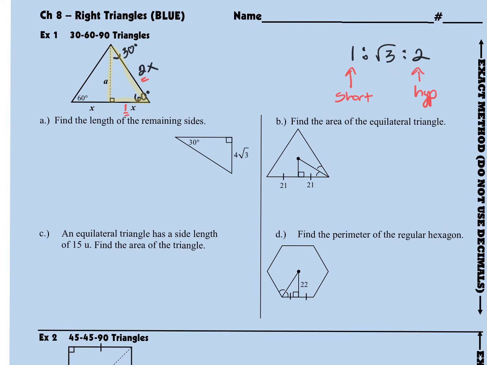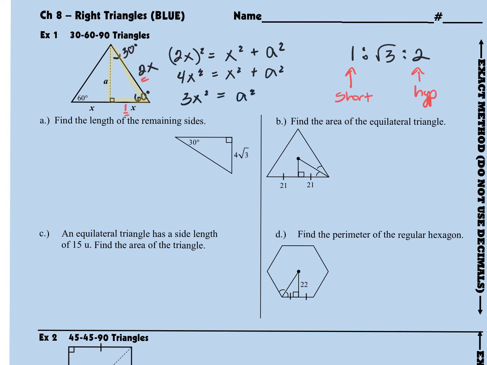Our last thing that we're going to look at is this radical 3. Where is this radical 3 coming from? We're going to look again at this little triangle and do a quick Pythagorean theorem. We're going to take our hypotenuse and square it, square each of our legs, and solve for this a. So if I square that side, I'm going to get 4x squared, and x squared plus a squared. Let's subtract. That's going to give me 3x squared and an a squared.